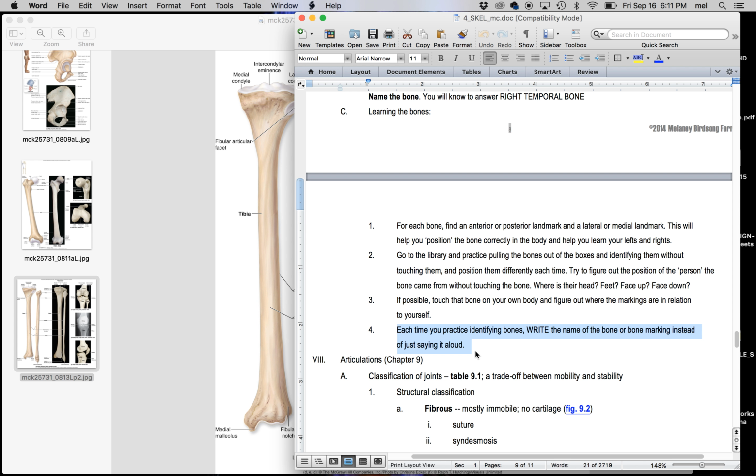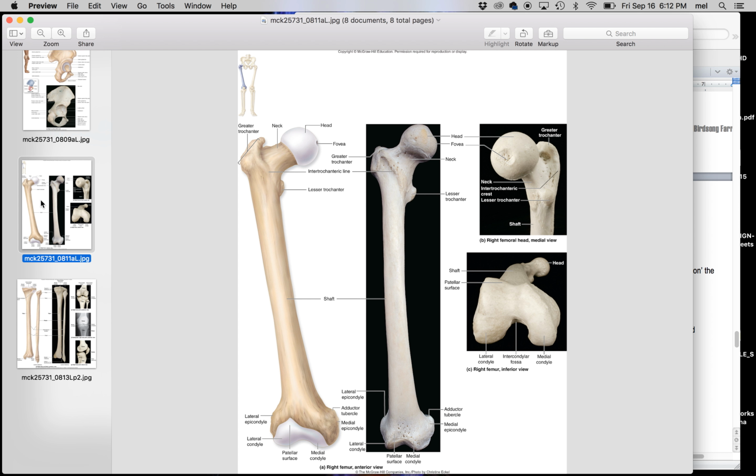So again, a good way to practice is to get with a partner in the library or at Open Lab. Somebody pulls out a bone and puts it on the table, and then you try to position yourself and you're like, oh, okay, that is the right femur.